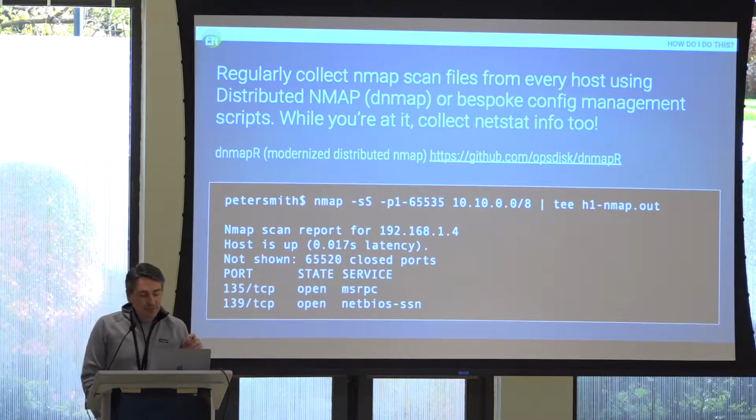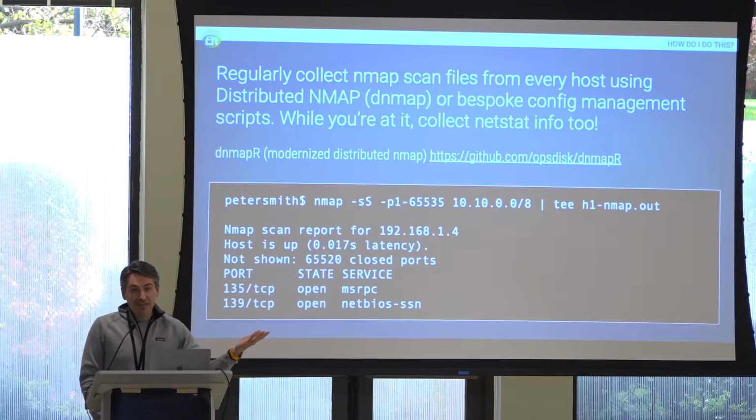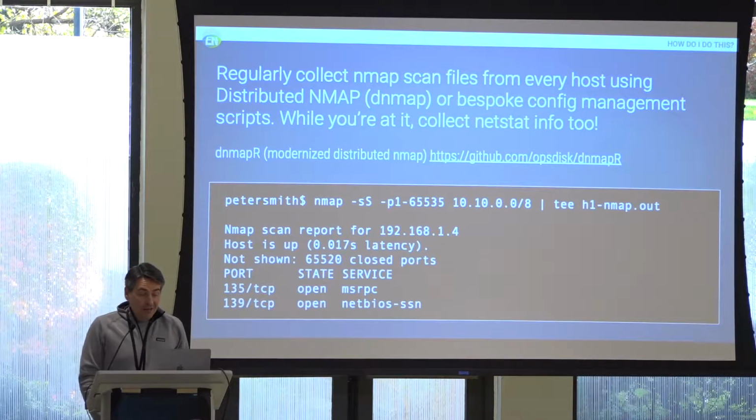I just brought this slide up to point out that there are really 2 ways to get this highly dimensional data. Number 1, you can use dnmap, distributed Nmap, which is really just a wrapper that orchestrates some of the heavy lifting around collecting these Nmap files from a variety of sources. But probably the easiest way is just to use a configuration management system.